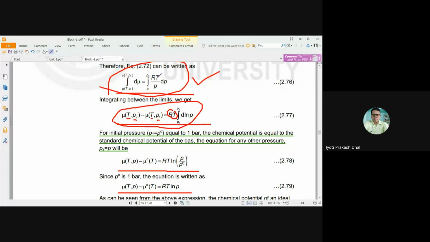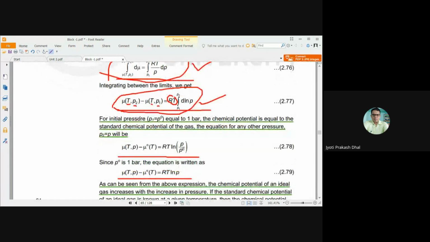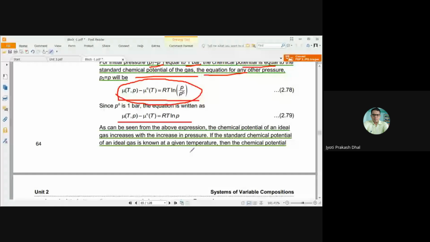We find the integration of 1/P dP, that is d ln P. For initial pressure P1 = P°, that is 1 bar, and the chemical potential equal to the standard chemical potential of the gas, the equation will become μ(T,P) - μ°(T) = RT ln(P/P°). Since P° is the standard pressure, that is 1 bar, we can write μ(T,P) - μ°(T) = RT ln P.